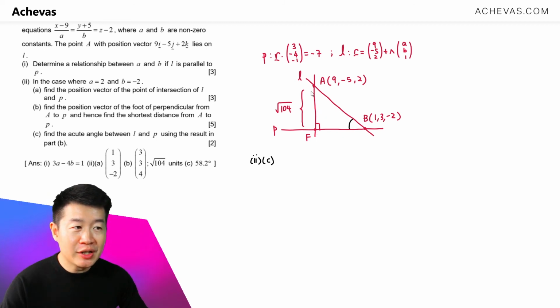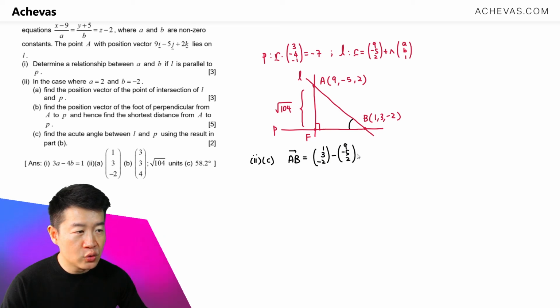The one more information that I probably need to calculate now in order for me to make use of this right angle triangle is the length of AB. So let's do that. Let's find vector AB, which is OB minus OA. So it will be 1, 3, -2, minus 9, -5, 2.